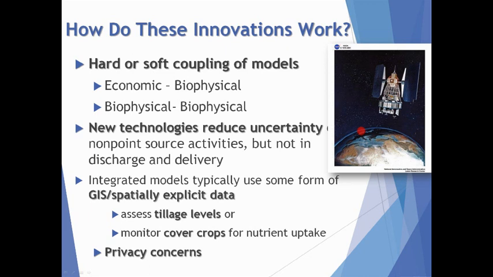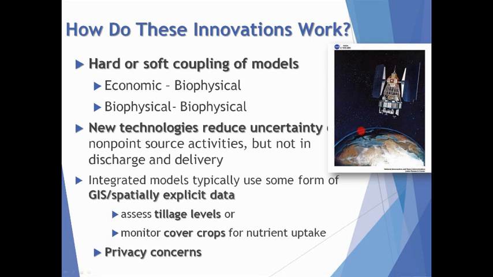So the role of the models is essentially to help us understand the impact of activities and practices and outcomes and performance in terms of water quality, water quantity, groundwater, surface water, and so on and so forth. Or going further, things like habitat and wildlife populations.